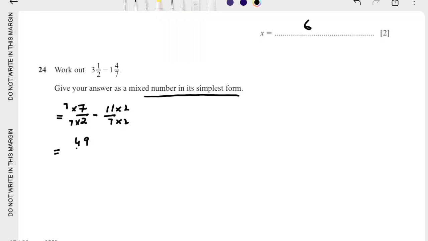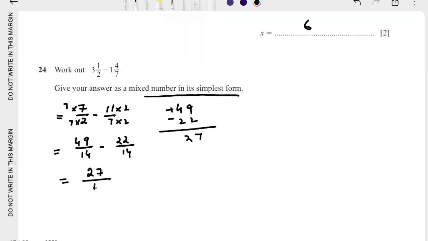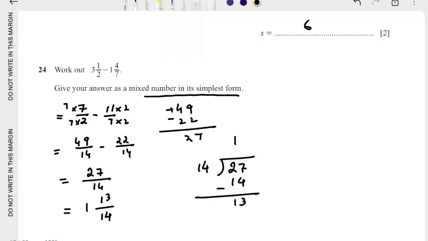So 49 over 14 minus 22 over 14. So subtract 49 minus 22. It would be 27. So 27 divided by 14. To write our answer as a mixed number, let us divide it. 14 ones are 14, minus it, 13, so the answer becomes 1 whole number 13 over 14.